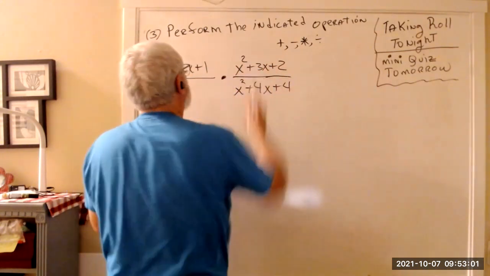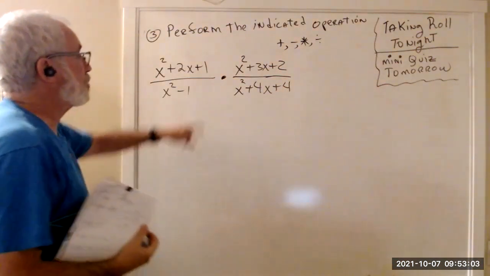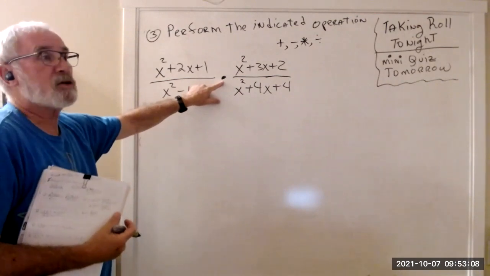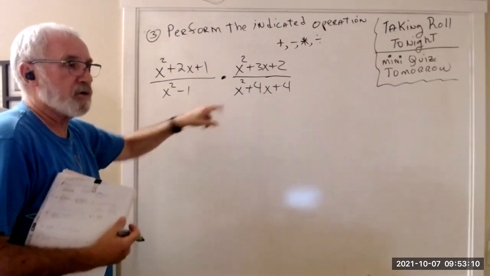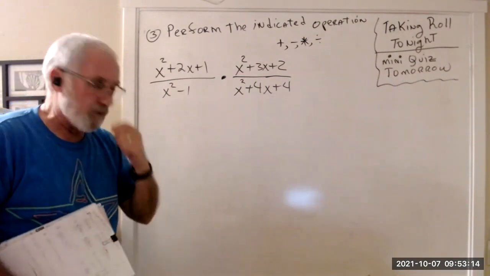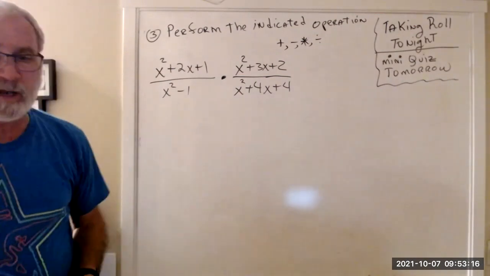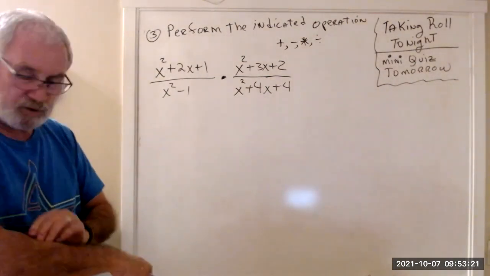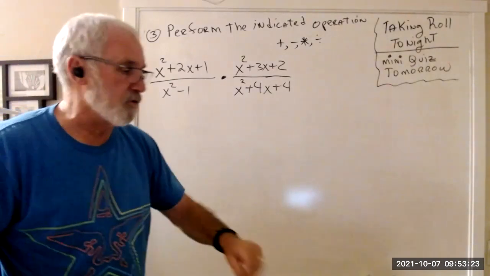So the directions say perform the indicated operation. This operation is multiply, so multiply these two together. Check your notes. You'll notice last night we cheated. We very seldom multiplied them together. What we really did is cancel. We reduced. So take a few minutes to work on that.